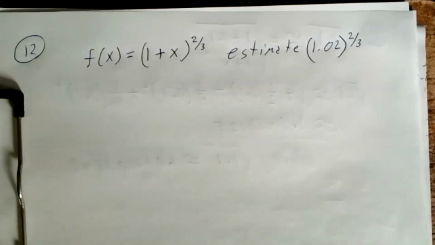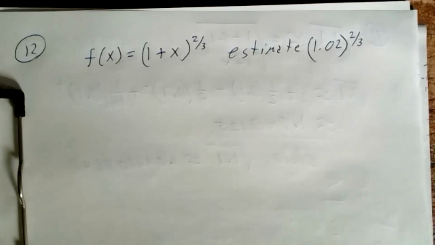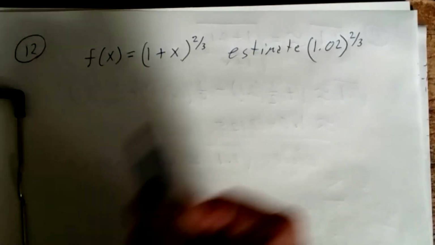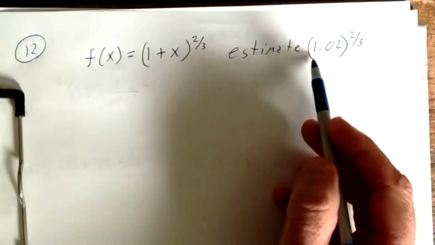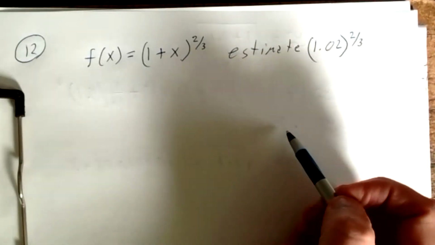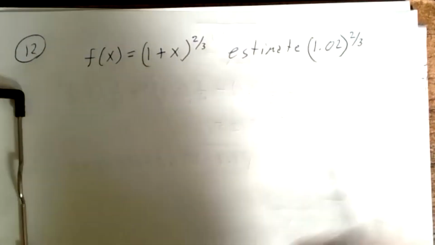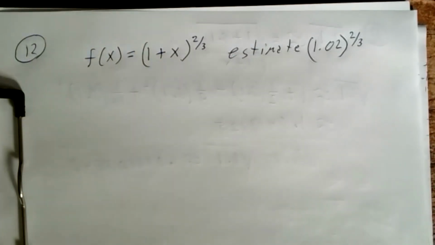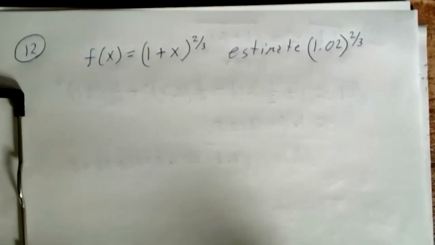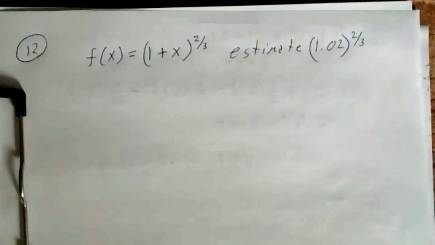Let's see if we can do that. Okay, so they want us to use the power series expansion of this function to estimate this. Now, what have we accomplished so far to help us with this problem? Well, let's see.